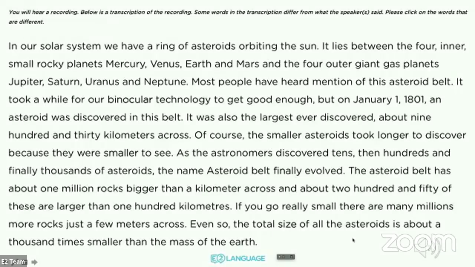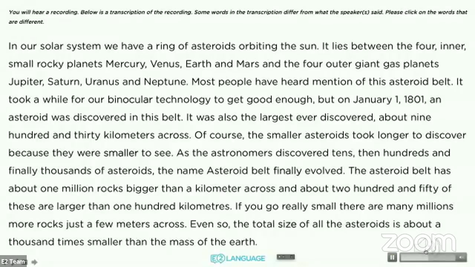In our solar system, we have a ring of asteroids orbiting the Sun. It lies between the 4 inner small rocky planets, Mercury, Venus, Earth and Mars, and the 4 outer giant gas planets, Jupiter, Saturn, Uranus and Neptune. Most people have heard mention of this asteroid belt. It took a while for our telescope technology to get good enough, but on January 1, 1801, an asteroid was discovered in this belt. It was also the largest ever discovered, about 930 kilometres across.